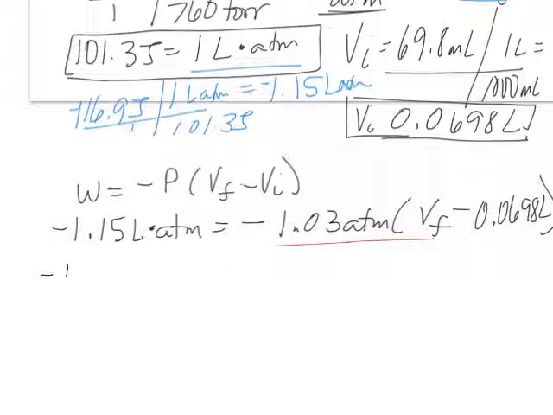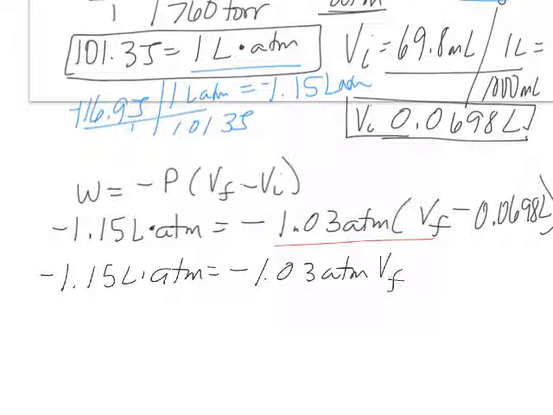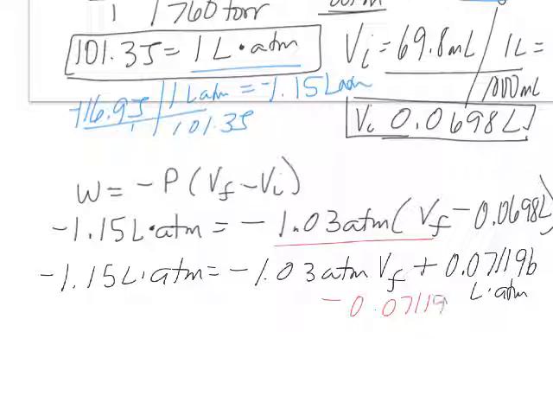So this ends up being negative 1.15 liters times atmosphere equals negative 1.03 atmosphere VF plus the negative times a negative 0.071196. That's liters times atmosphere. This is addition, so you're going to subtract this from both sides of the equation.